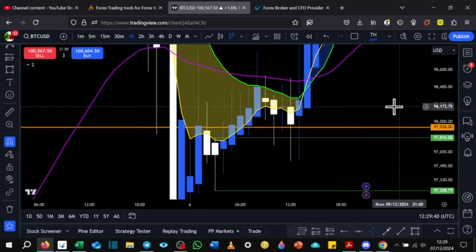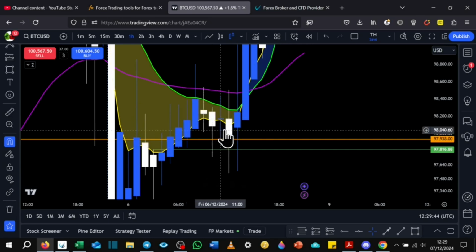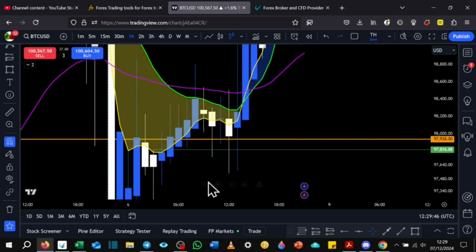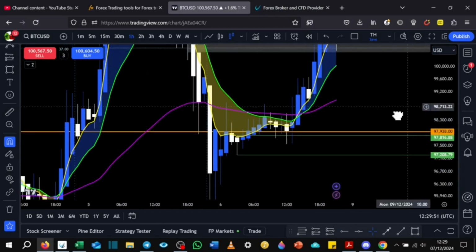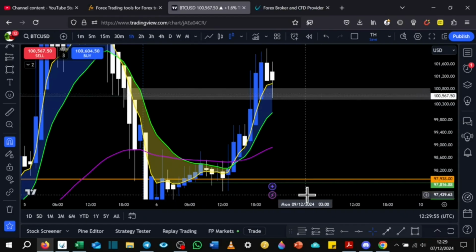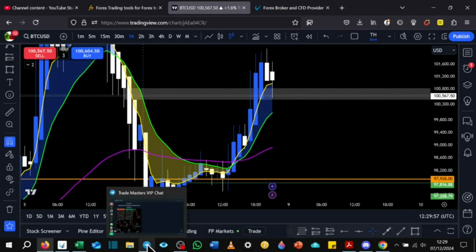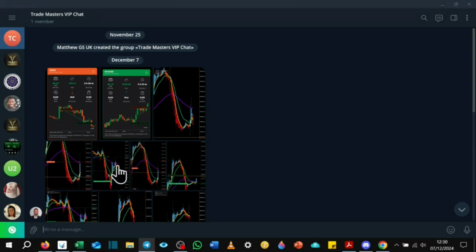Okay, you see that? So the reason why I got in, I mentioned we're getting these rejection candles from this institutional candle here, and I'm thinking, yeah, this is going to take off. So then I've gone in for a buy, and then I've got my take profit, I believe, was there. Probably was a bit lower actually. Let's just see where. So I got out at 99769.